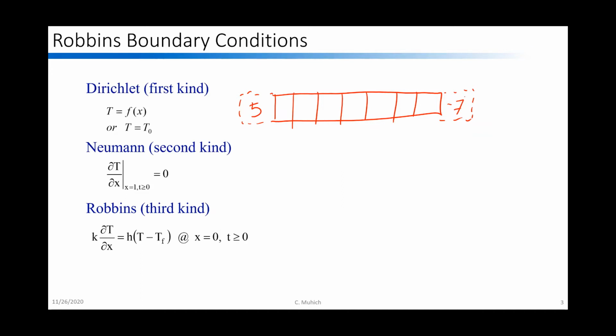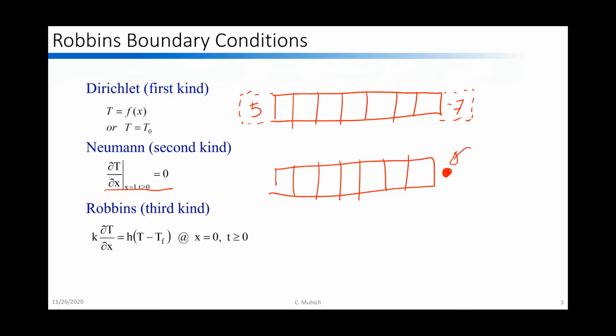We then talked about Neumann boundary conditions, where we had dT/dx is some value. If I was looking at this same set of nodes, we would make an additional node out here that's going to serve as the boundary condition, that imaginary node.